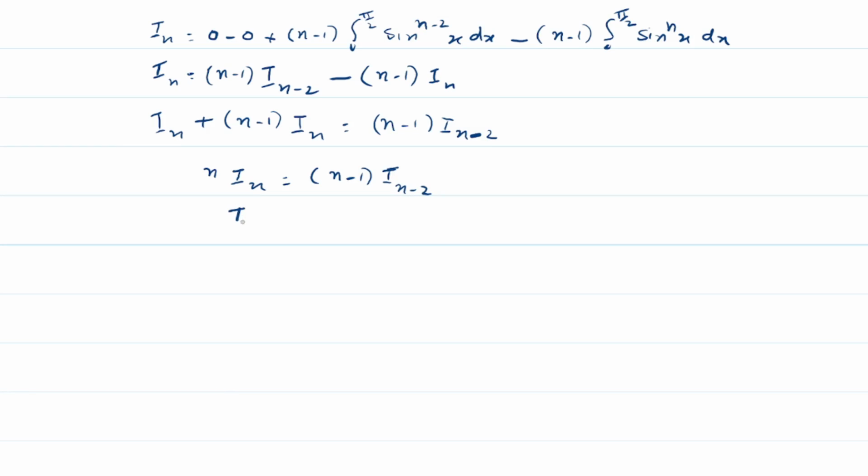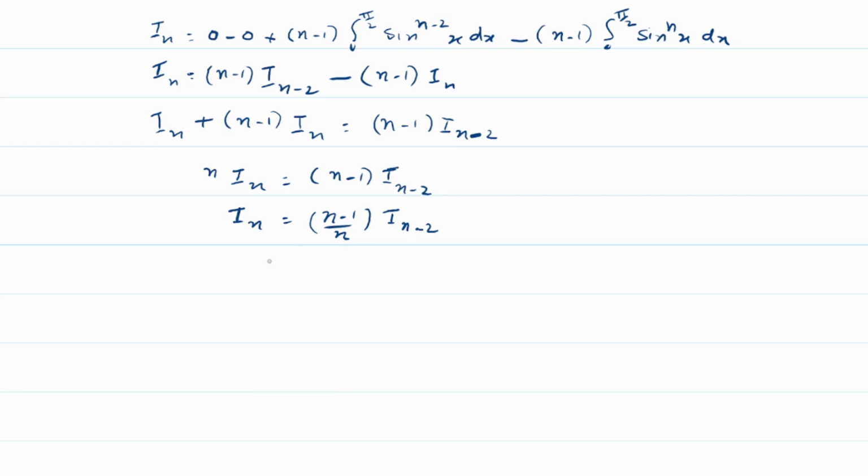So what is I_n? Finally, I_n equal to (n-1)/n multiplied by I_{n-2}. From this I_n formula, we will find I_{n-2}. How to get I_n? I_n is (n-1), 1 less, divided by n, and 2 less.